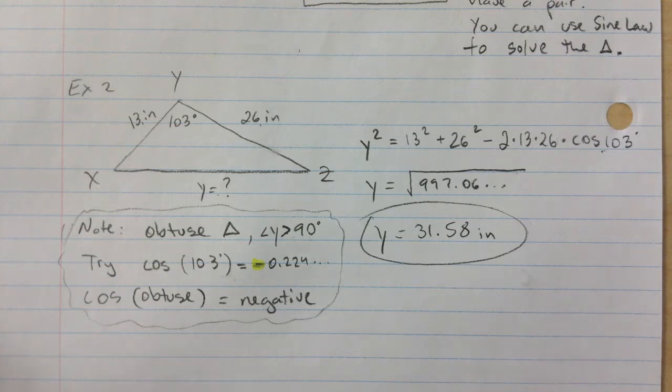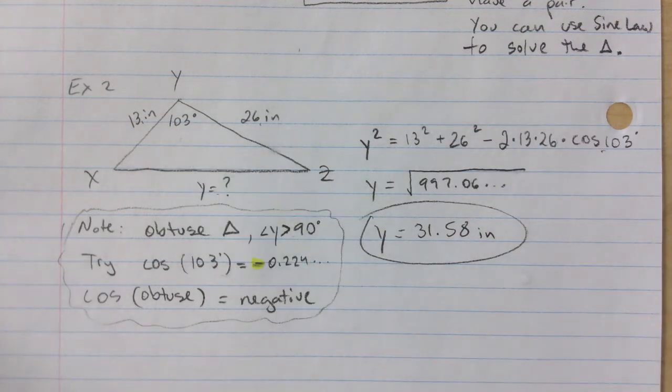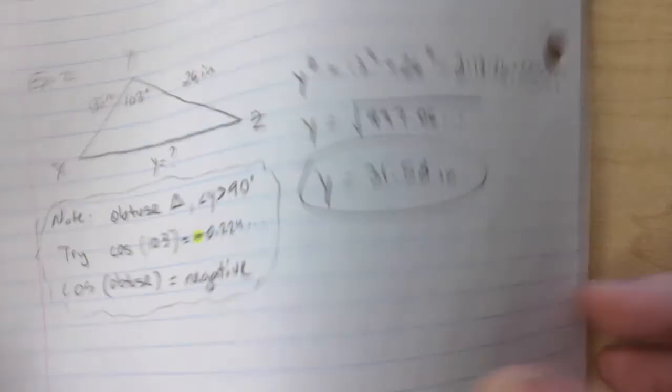So that's the little thing you need to watch out for, except if you type it in one shot, then it's not going to affect you one bit. Okay. All right. So this is SAS, 2 scenarios. I had one with obtuse just to make that point. And now we're going to do the SSS.